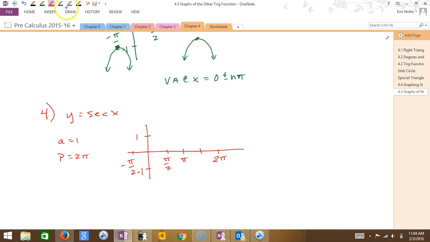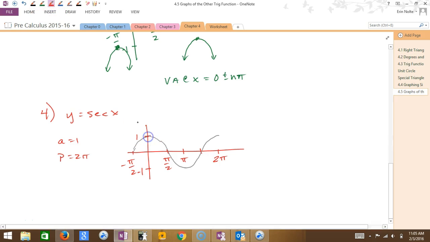Okay, so if I was going to draw this one, I'm going to do the same thing, and remember that secant is the reciprocal of cosine, right? So cosine starts at 1, right? So it goes like this. Cosine looks like this. So that helps me draw my secant.